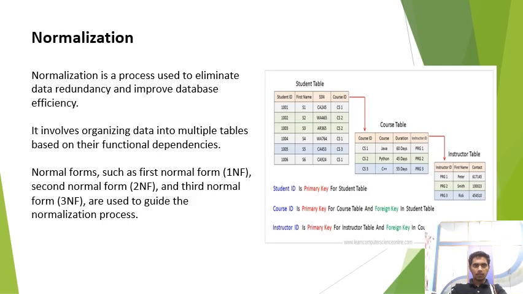Normalization. Normalization is a process used to eliminate data redundancy and improve database efficiency. It involves organizing data into multiple tables based on their functional dependencies. Normal forms such as first normal form 1NF, second normal form 2NF, and third normal form 3NF are used to guide the normalization process.